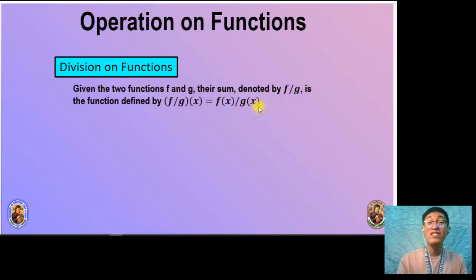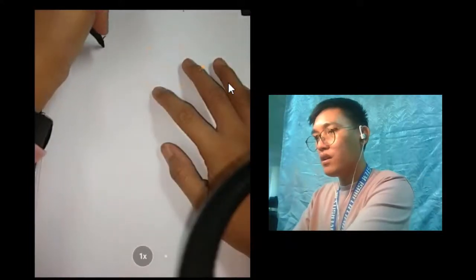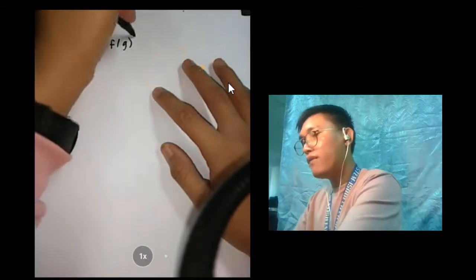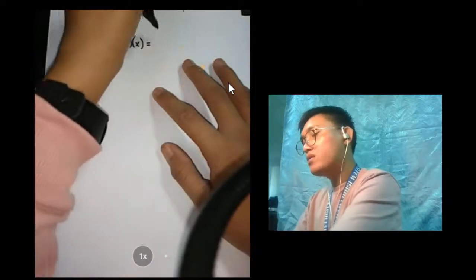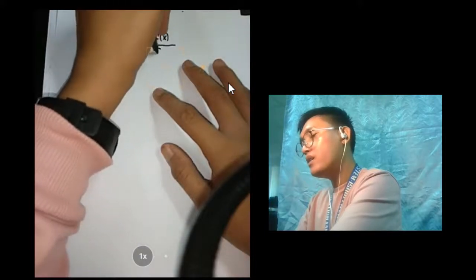You can apply that to get the factor. But mind you, there are terms which are not factorable. If it's not factorable and that's the simplest form and you cannot do anything about those terms, then leave as is. That will be the f over g of x is equal to f of x over g of x.